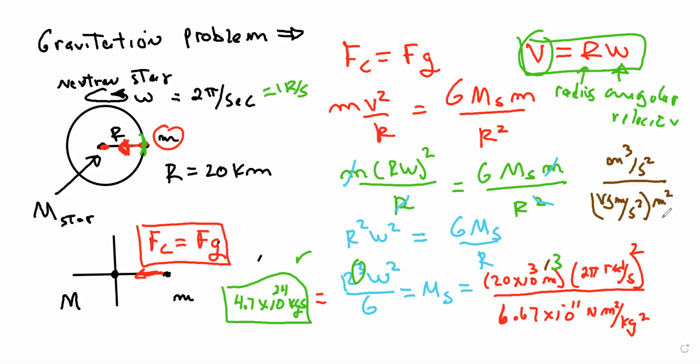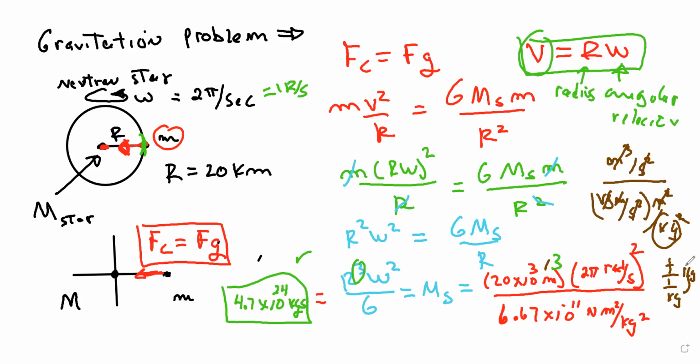The meters and seconds cancel, and the kilogram goes up, because it's 1 over 1 over kilogram. And there you go. Your units check. Everything is okay.